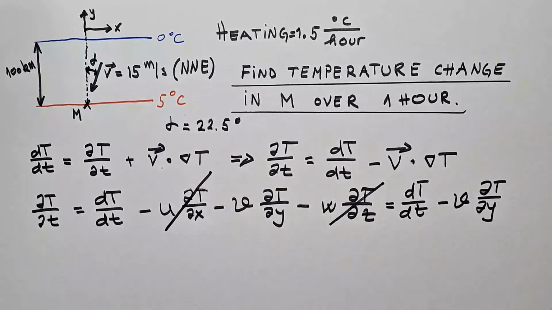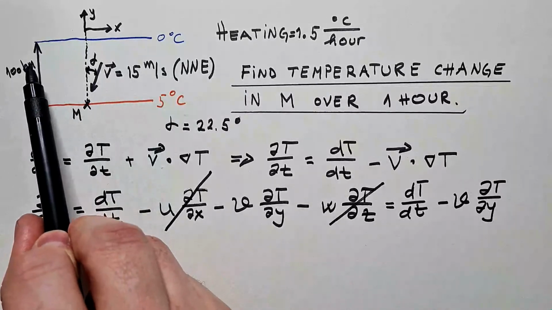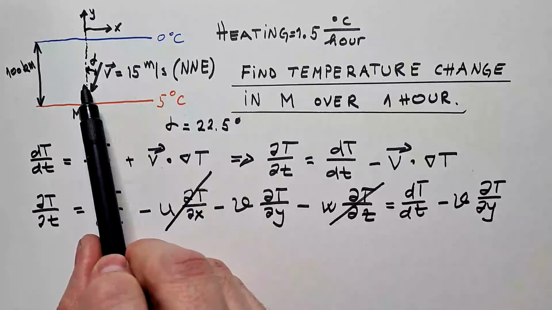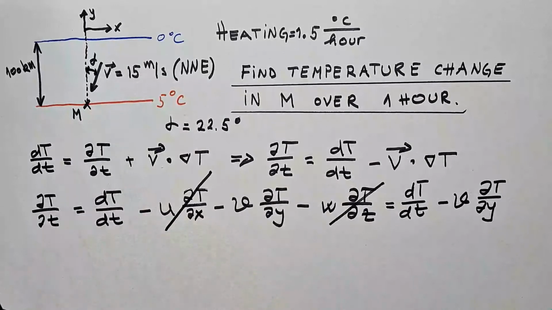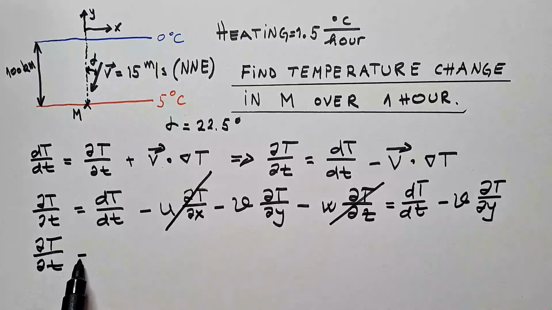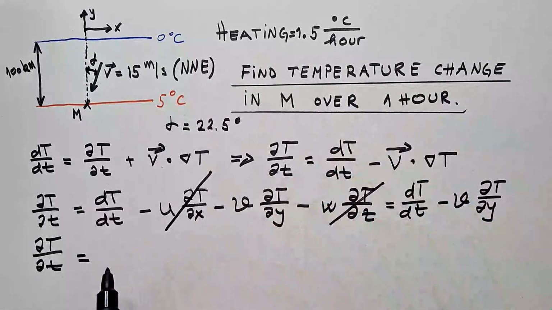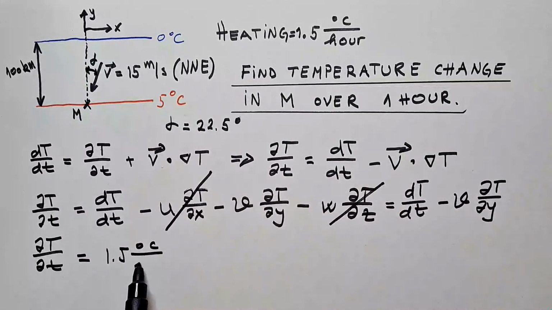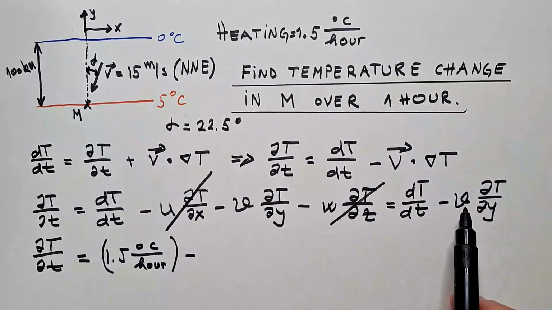So let's plug in numbers. ∂T/∂t is equal to dT/dt, 1.5 degrees Celsius per hour, minus, what is v?